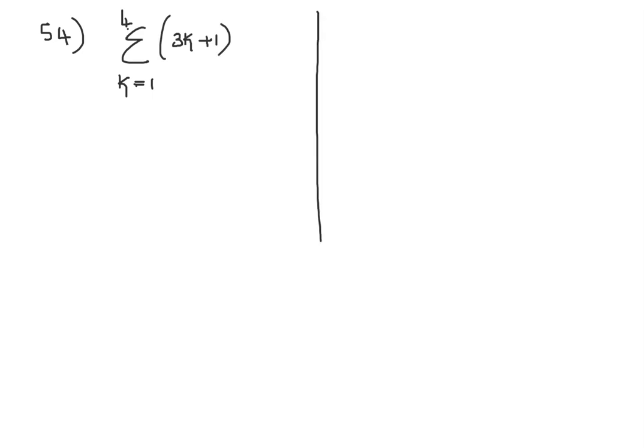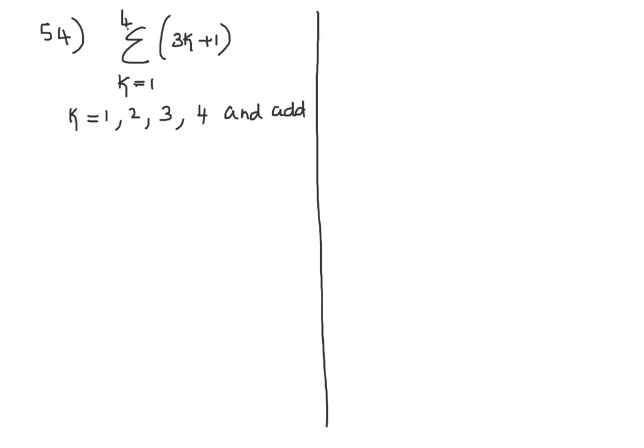Okay. Next, number 54, we have to evaluate the sum, which is given as sigma k equal to 1 to 4 of 3k plus 1. What that means is we have to put k equal to 1, 2, 3, and 4 and add all the answers.